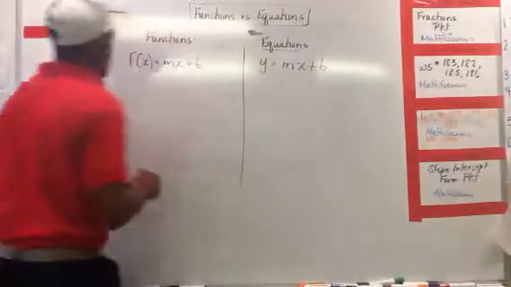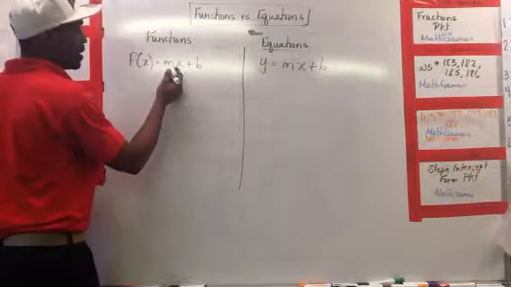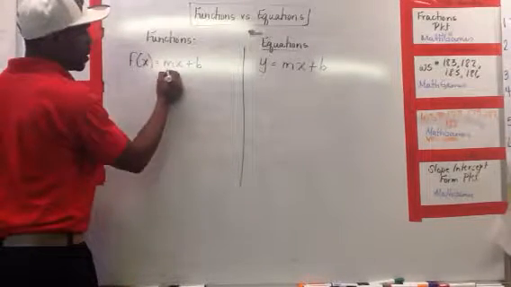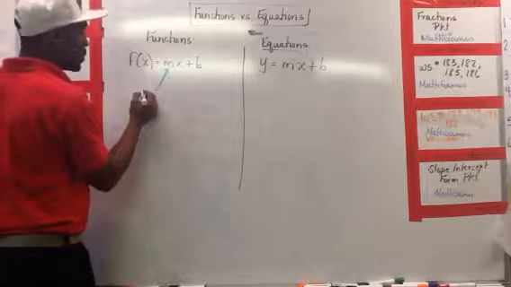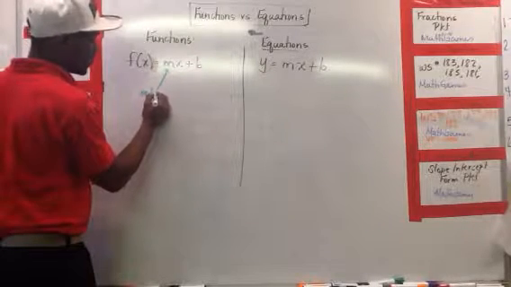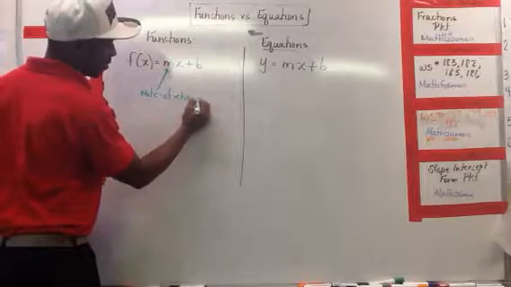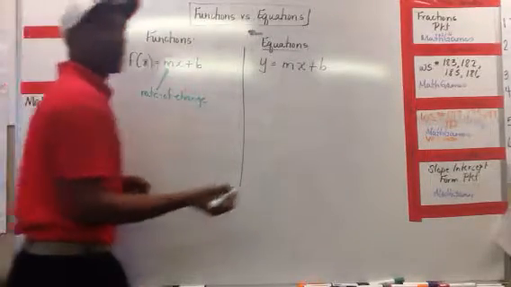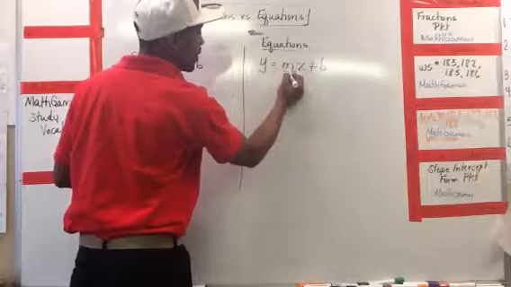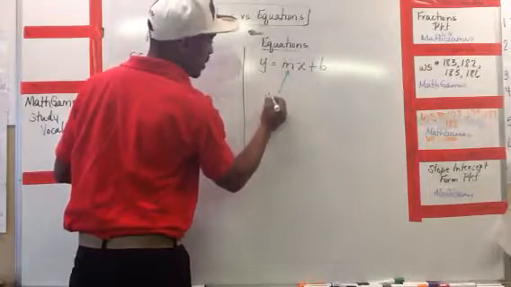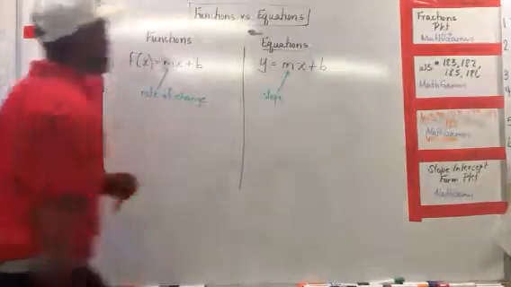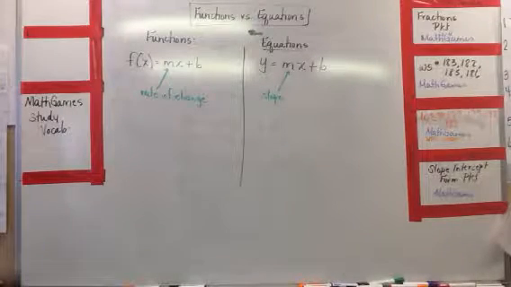We know the m in both situations is considered the slope or the rate of change. When we're talking about functions, we call it the rate of change. When we're talking about linear equations, we call m the slope. They mean the same thing.